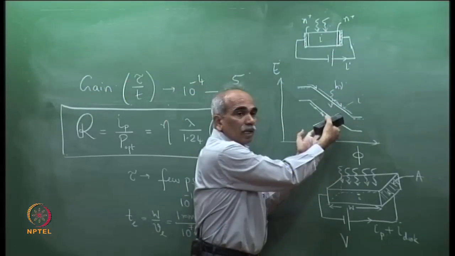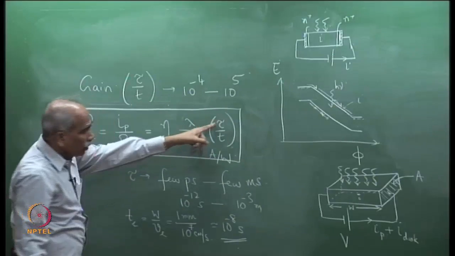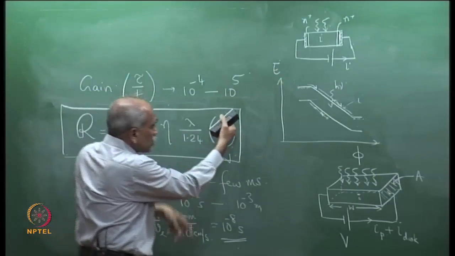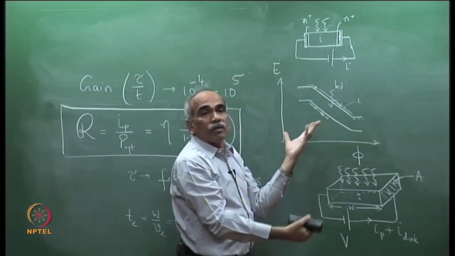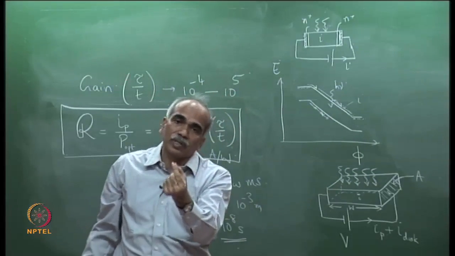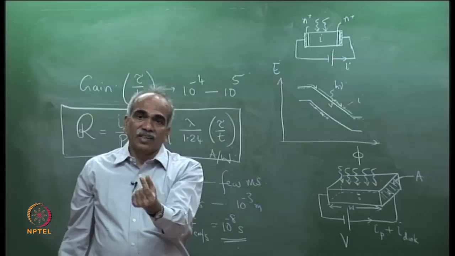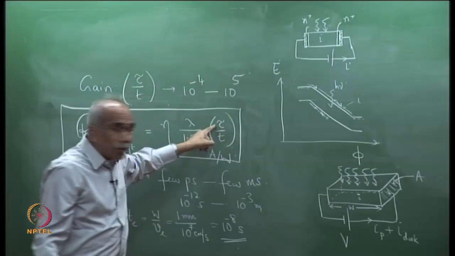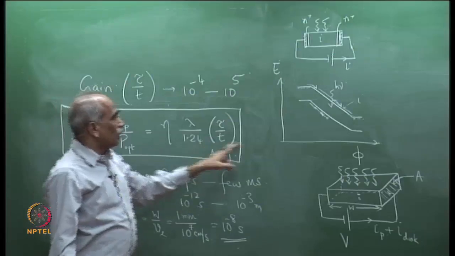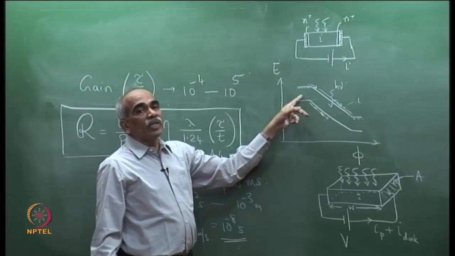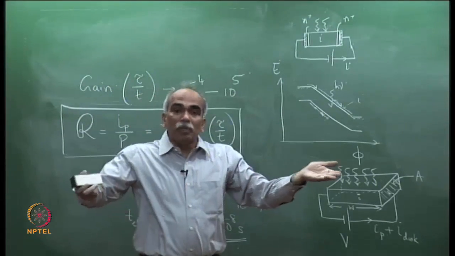If the recombination time were very small, then even before the hole reaches here, it would have recombined, which means the current would persist only for a small duration. And because it takes a long time to go here, the impulse response will be spread.